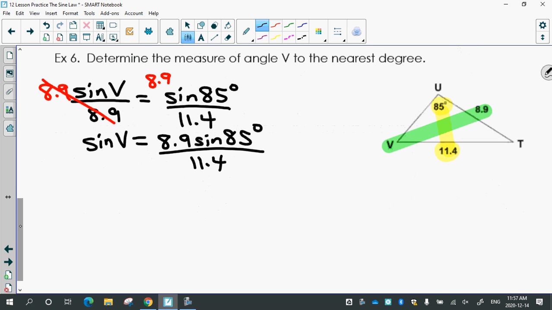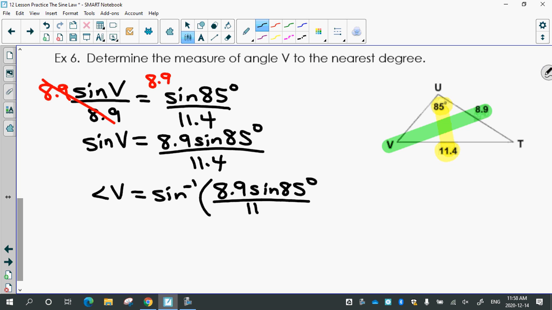So this is where you want to see if you wrote it down properly. So V or angle V, either is fine, equals sine inverse. The little -1 there means inverse of this whole big thing. And then we want to figure that out.